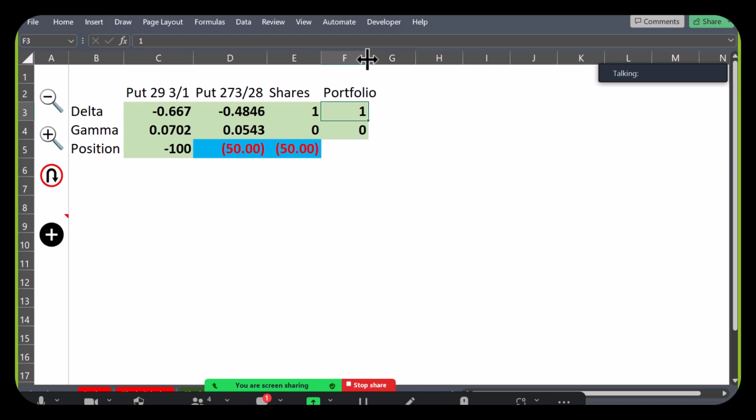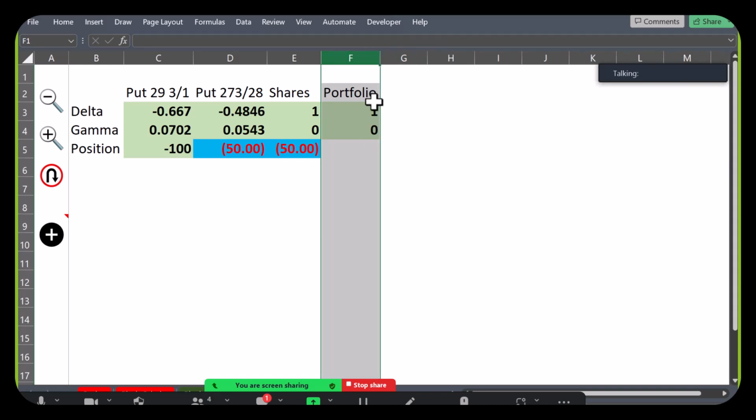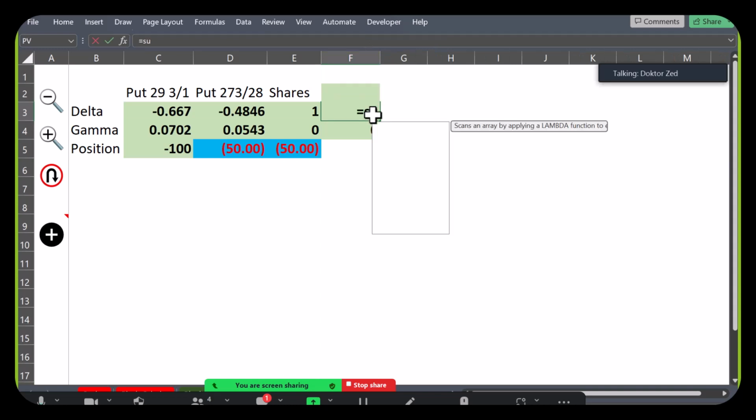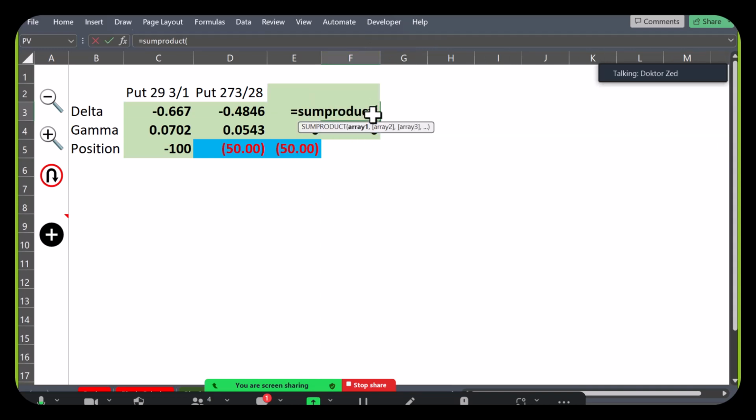Since delta and gamma are linear operators, portfolio delta is some product of deltas. Oh, position now, I'm sorry.